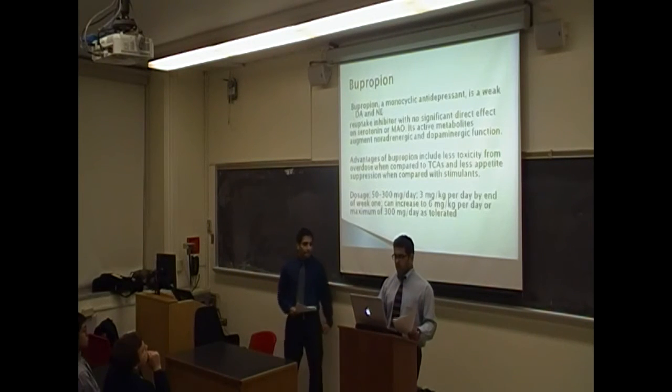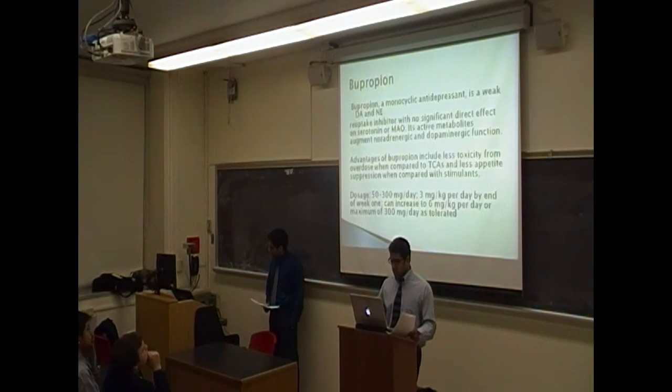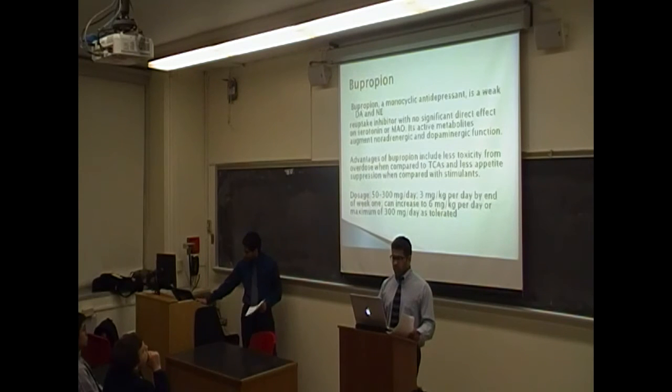The advantages of bupropion include less toxicity from overdose when compared to other agents, which we'll discuss later, like the TCAs. And there's also less appetite suppression when you compare with stimulants. So you get rid of those side effects when you use bupropion. You can see the dose right there. You can go from 50 to 300 milligrams a day based on need, and you titrate it as needed after consulting with the doctor.